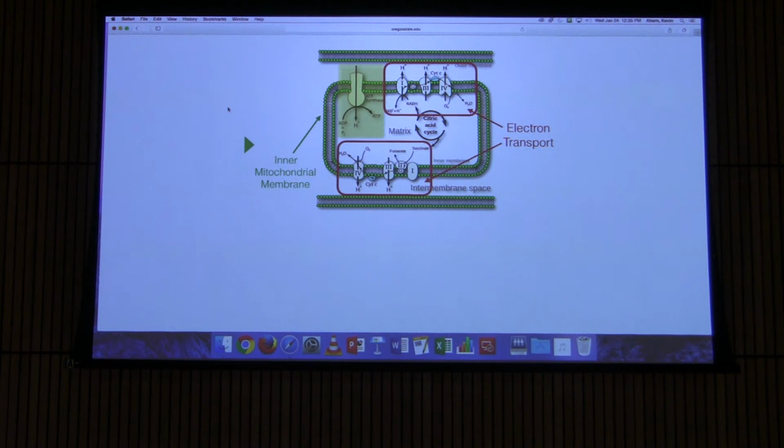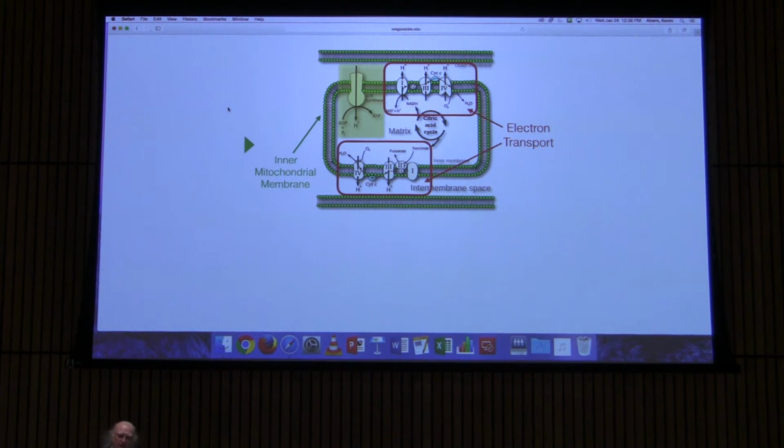You might wonder where complex 2 is, and I'll come back to that. Complex 3 donates one electron at a time to the next carrier, a protein called cytochrome C. You may have heard of cytochrome C. It's found all the way from bacteria to human beings, which says something about its importance when you see something so widespread. Cytochrome C accepts electrons from complex 3 one at a time, and passes them off one at a time to complex 4.